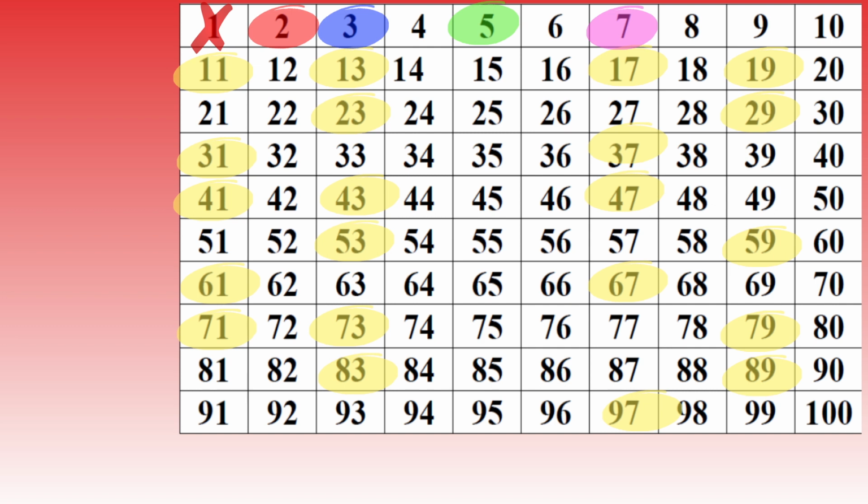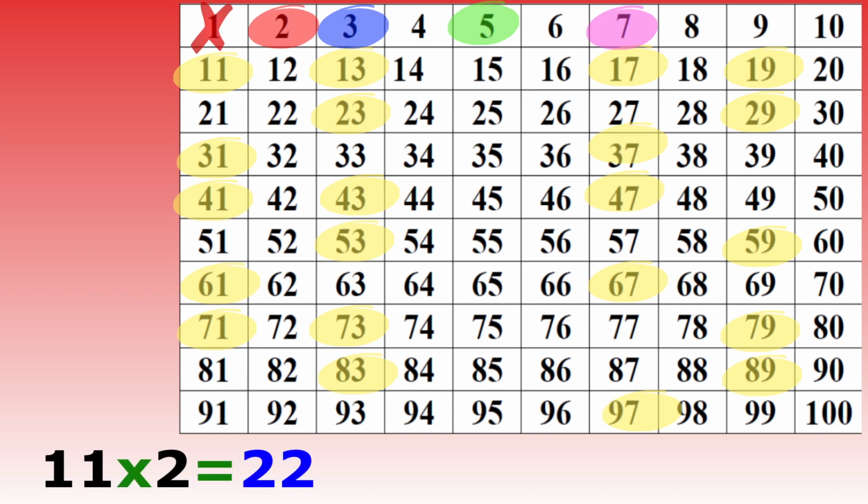Any number which just has the normal white background is a multiple of one of the original primes. And that means that those numbers with the white background are composite. They are not prime because they're multiples of either 2, 3, 5 or 7.